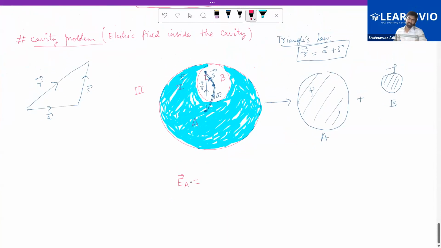Let me just give you a hint. This position is inside that bigger sphere. So what is the electric field inside, in terms of rho?